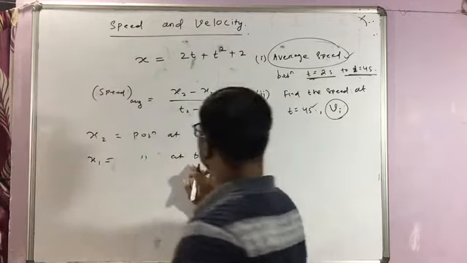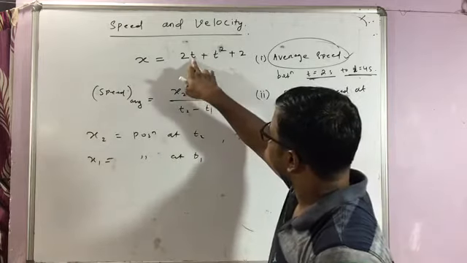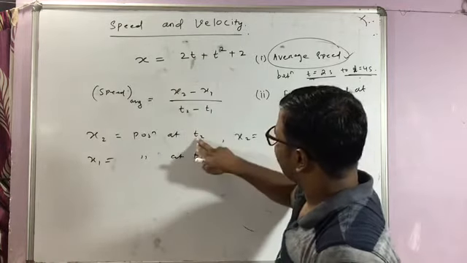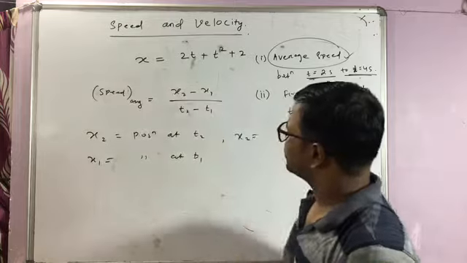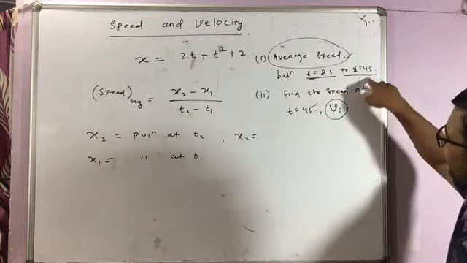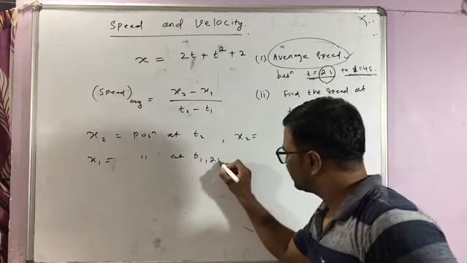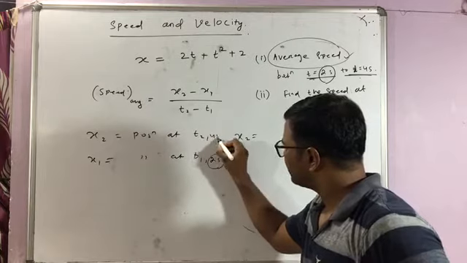So you put time t2 here, then you can get x2. Here we are given t is equal to 2 second to 4 second. 2 second you take to be your t1, t2 will be your 4 second.